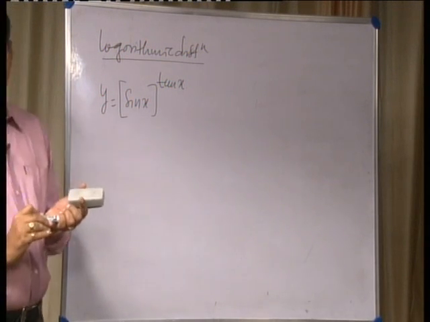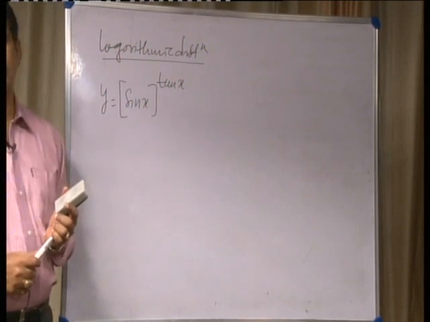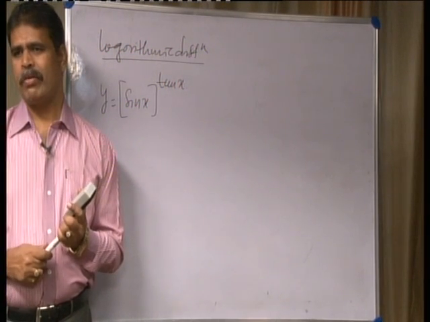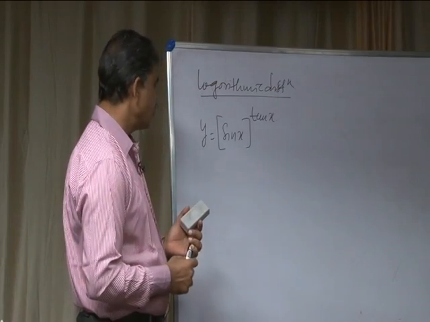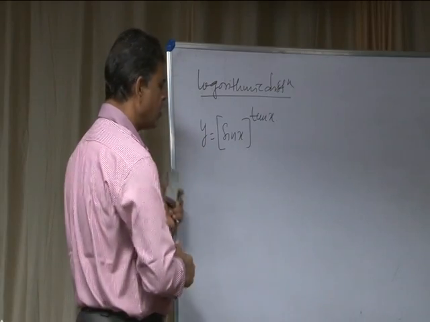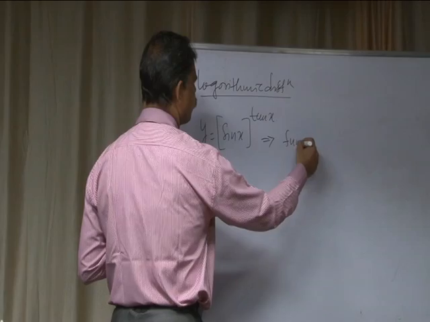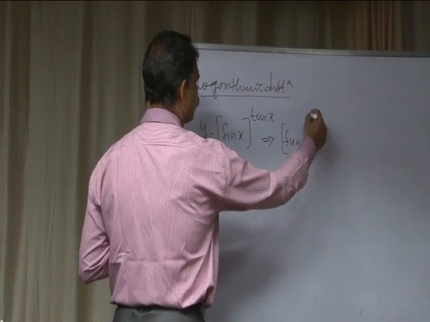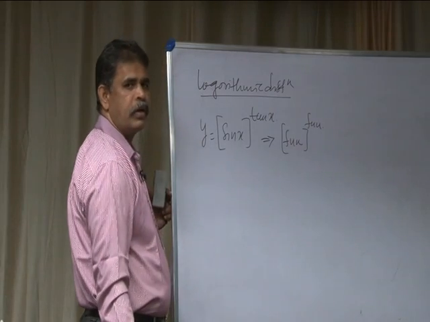When we have a function to the power of n, then we can use the chain rule to get the derivative of such a function, right. Here what we have? We have function to the power of function. This cannot be differentiated directly.